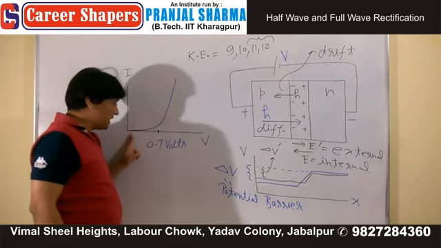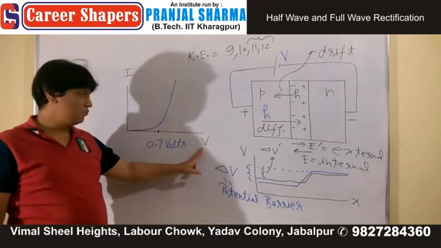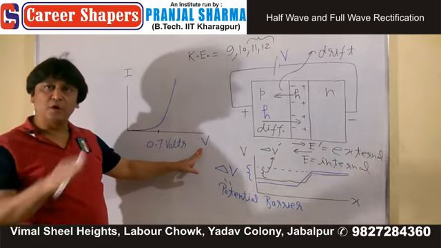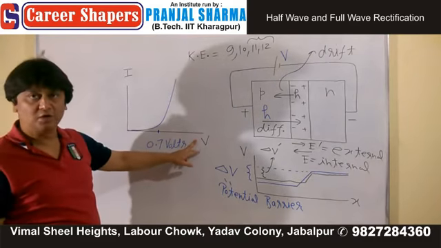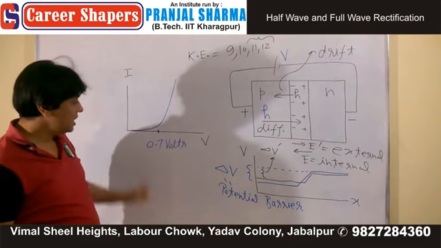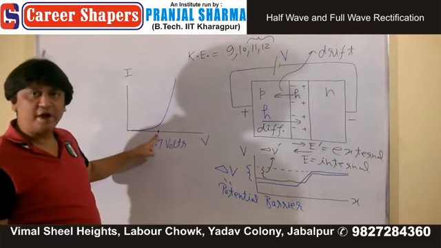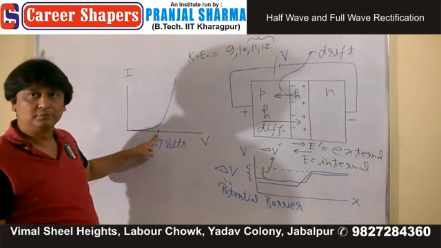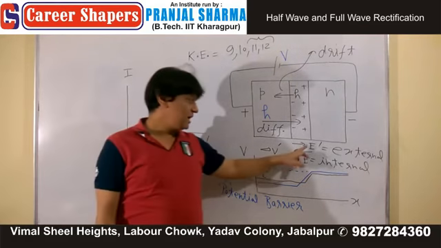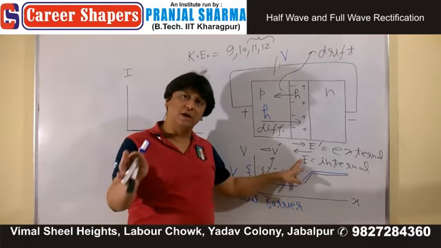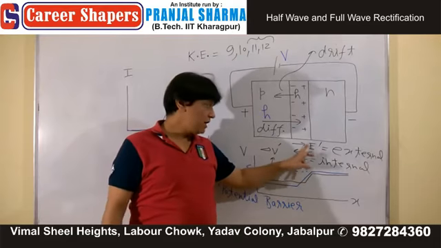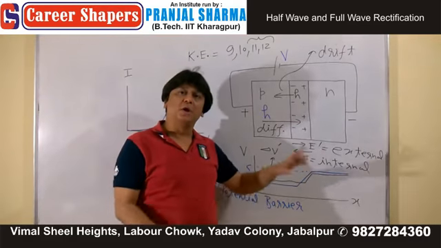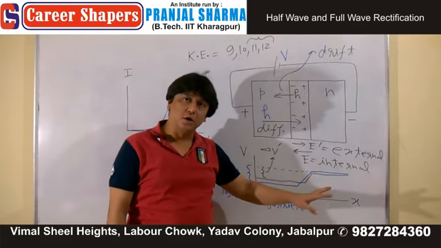Now, keep on increasing your external voltage. As you keep on increasing this external voltage, what happens? At 0.7 volts, you will find that your E dash and E are both equal. Once your E dash and E are equal, the depletion layer is gone.